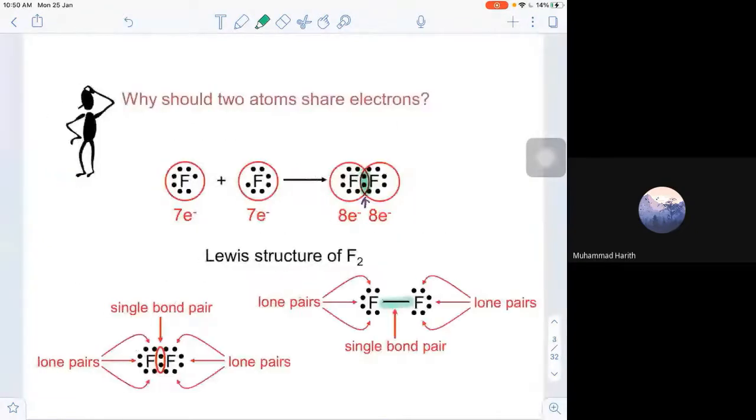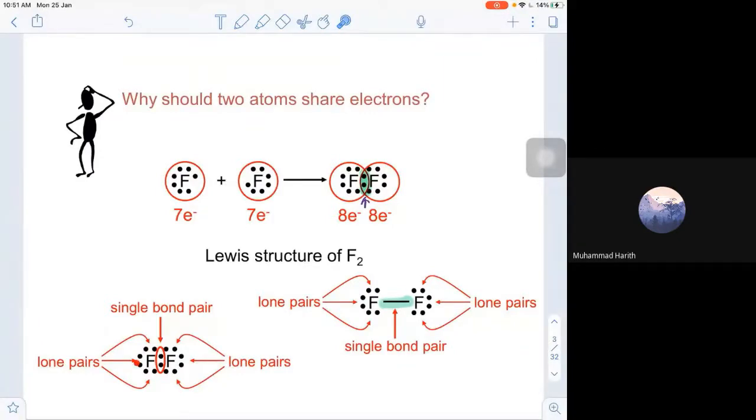So let's look back at the Lewis structure of fluorine here. We observe that the two electrons here are being shared between the two fluorine atoms. And then this first fluorine has 1, 2, 3, 4, 5, 6 electrons that do not involve in bonding. 6 electrons means 3 pairs of electrons.